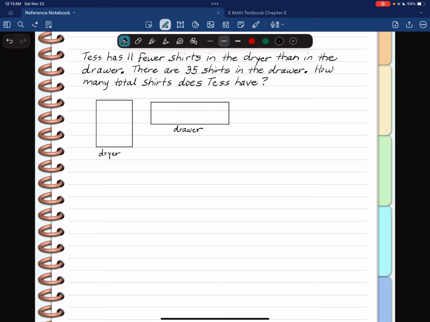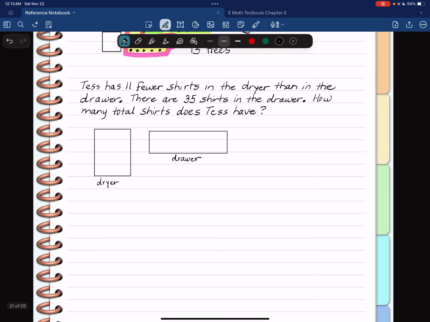She's got 35 shirts in a drawer. That must be a very big drawer.